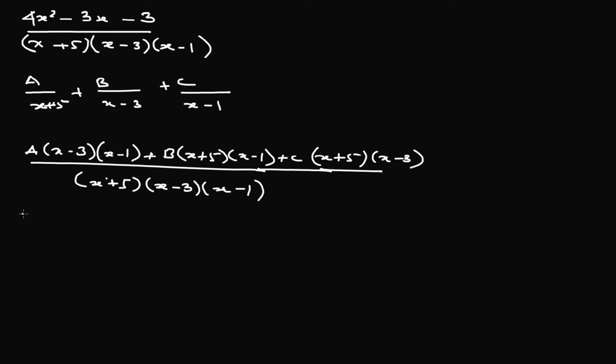Okay, so we're going to have A, and then we'll do the expansion for those two factors. So here we'll have x squared minus 4x plus 3. Okay, I think you must be experts now at this because we've made a lot of expansions in a lot of subjects now.